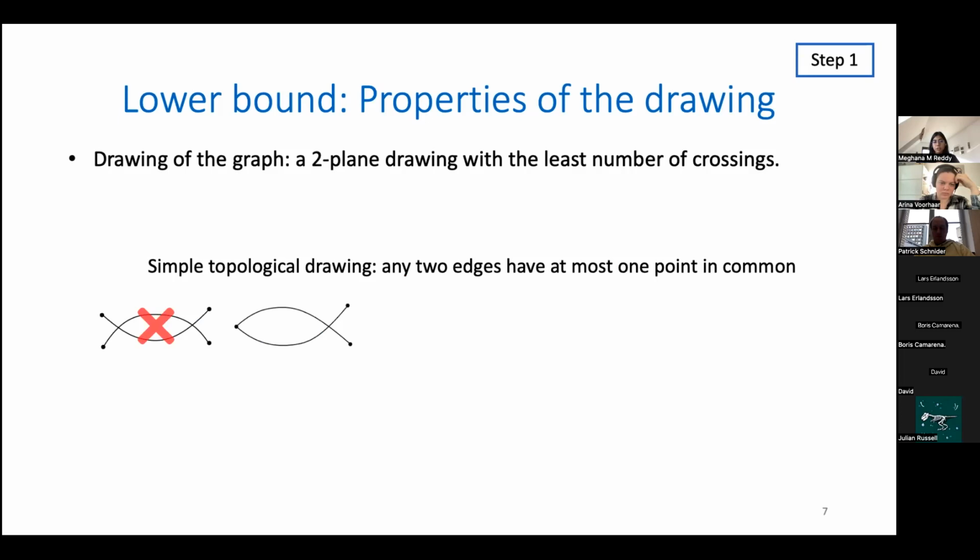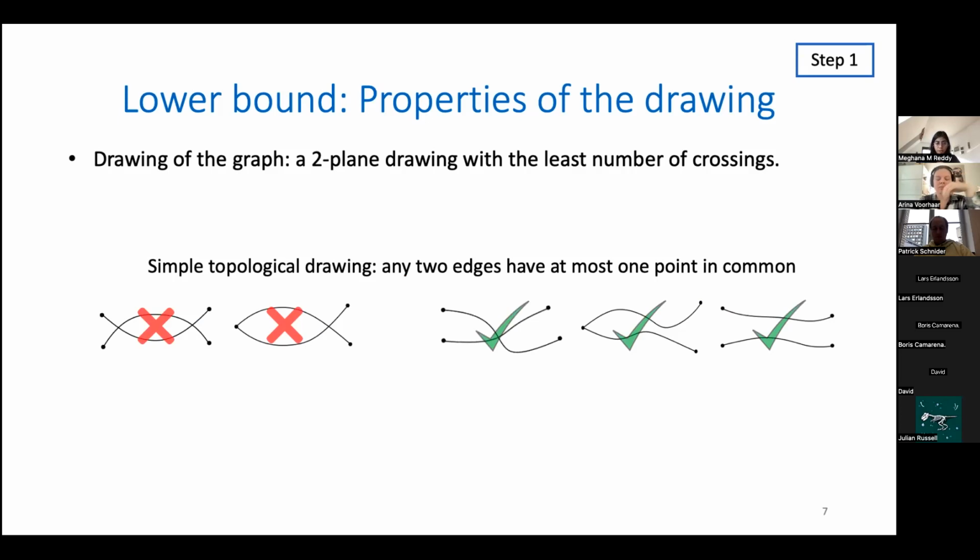And two adjacent edges are not allowed to cross because they already have one point in common, which is their common endpoint. So what is allowed is something like this, where independent edges cross once or don't cross each other at all, or if adjacent, edges don't cross.